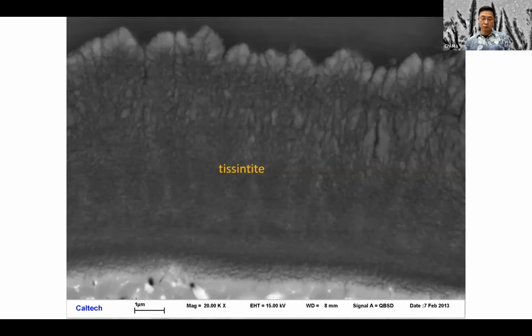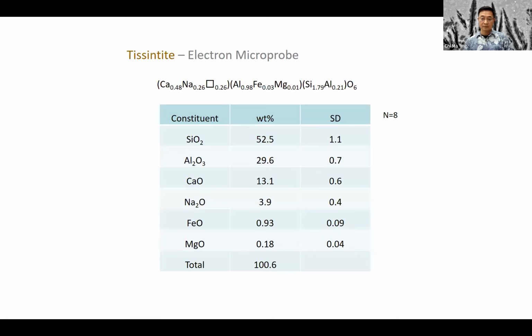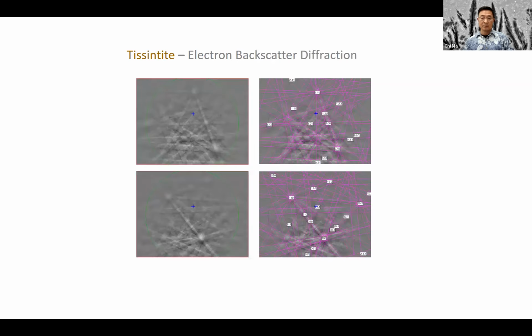It's another image showing the tissintite occurring from submicron scale to nanoscale. Tissintite in Tissint has this composition with a quarter vacancy in the M2 calcium sodium site. EBSD shows tissintite has the diopside clinopyroxene structure.